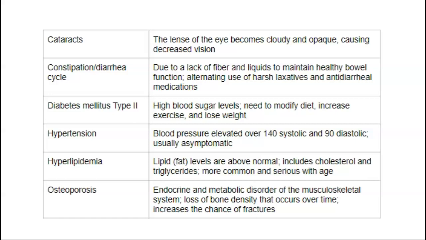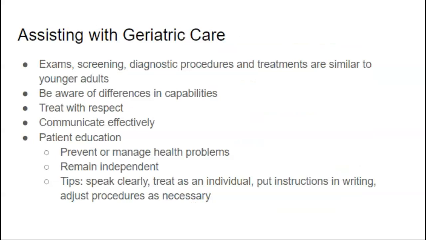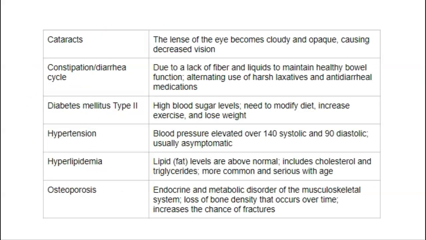We already talked about osteoporosis. The one thing I didn't mention about osteoporosis is when we're looking at the brittle bone and the porous bone, that does increase the risk for fractures. The areas of fractures that are more common are the hip and the vertebra.